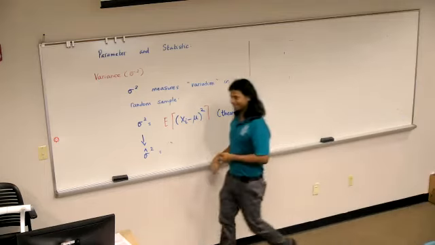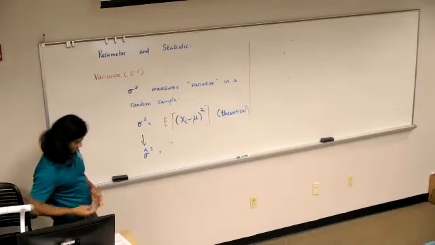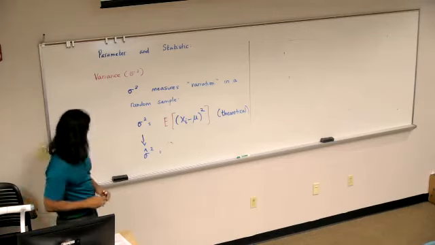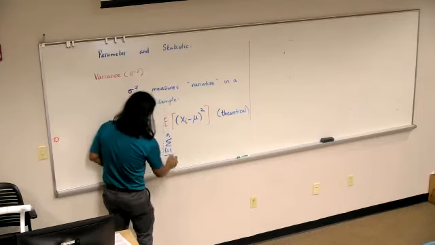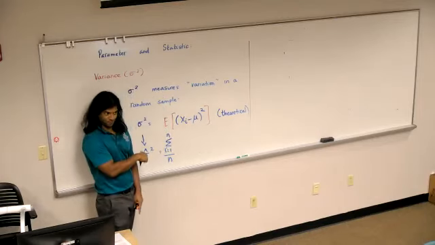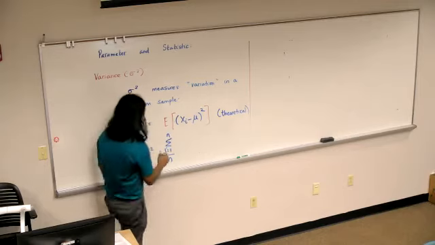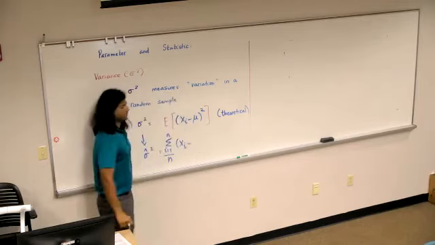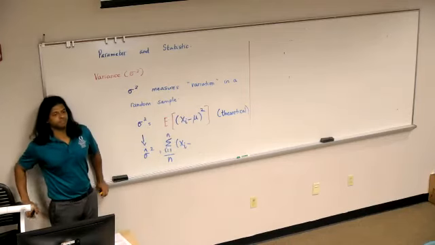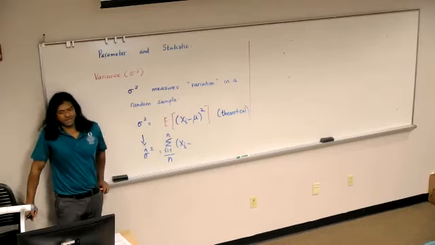Sum divided by n. Again, informal, not formal stuff. What should I replace that mu by, because we're talking about a sample?